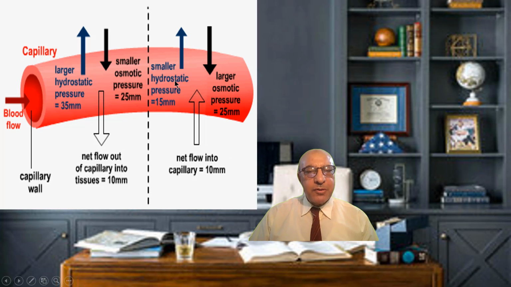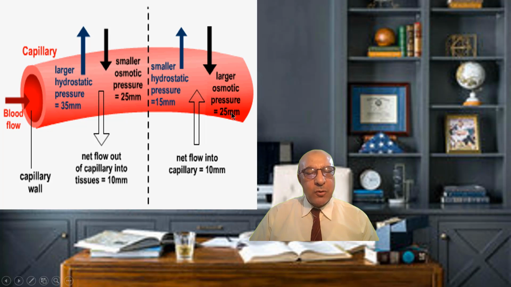The situation becomes completely different at the venular end, or the distal end, of the capillary. Because at the proximal end, as we have just explained, fluid is leaving the capillary to the interstitial space, the hydrostatic pressure becomes less. Actually, at the venular end of the capillary, hydrostatic pressure is now not 35 as before, it is only 15.